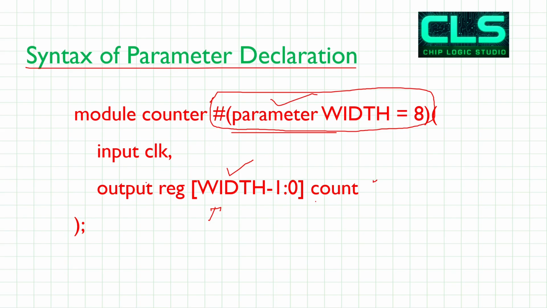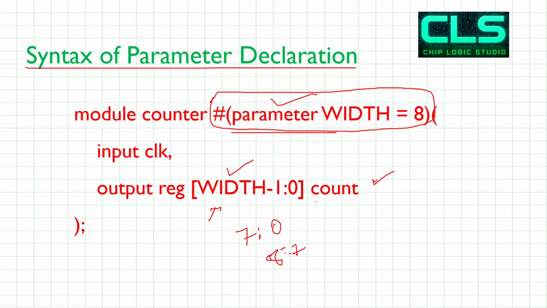This thing will change our count as a width. Minus 1 is like, for example, if it is 7:0, means total size is 8 bit. So this is width minus 1, so 8 minus 1, it is 7:0.